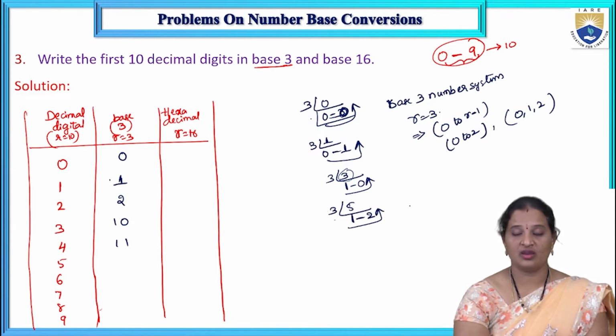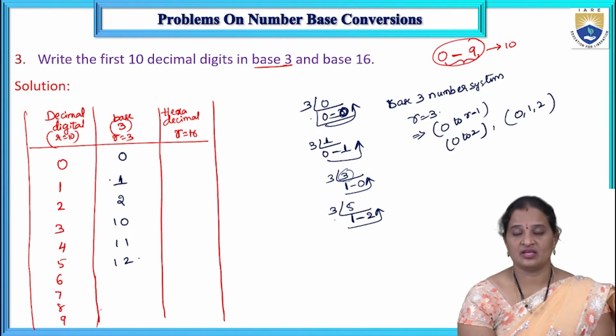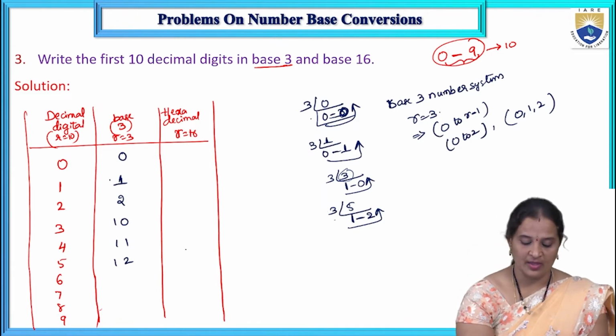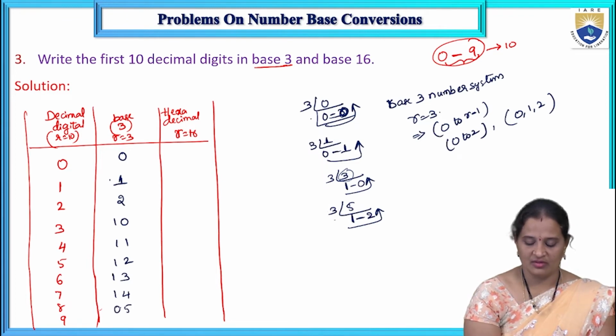Now I need to write down the remainders in this order: that is 1, 2. Similarly, 6 can be written as 2, 0 in base 3, 7 as 2, 1, and 8 as 2, 2.